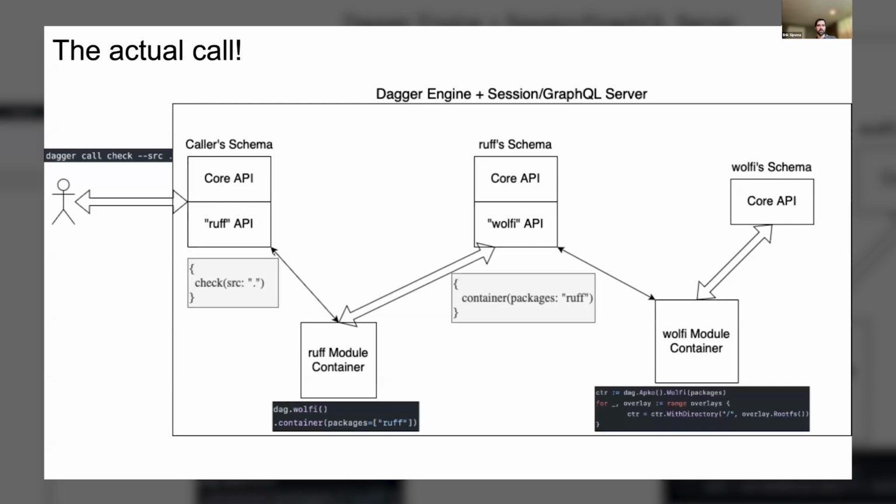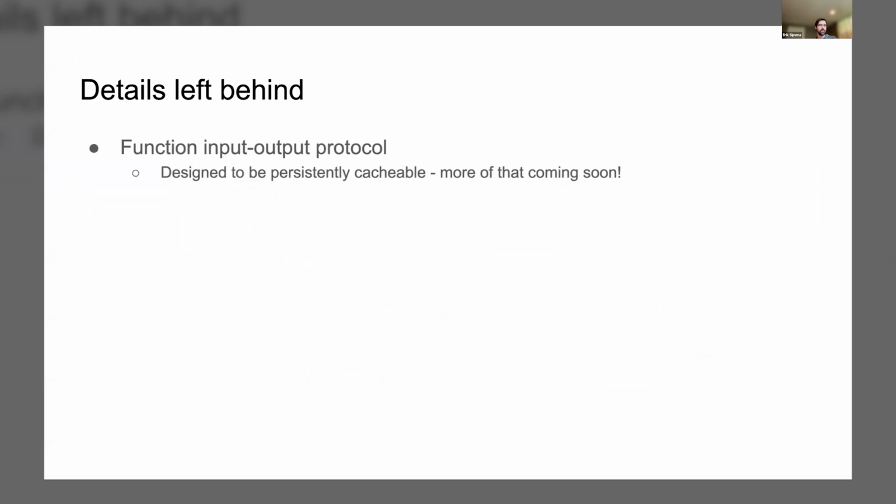There's quite a few more details that I could get into, and we probably should in more talks and probably blog posts and stuff like that. So there's a whole function input output protocol. I'm greatly simplifying what is actually happening when you want to go and invoke a container. It's designed to be persistently cacheable, and some of this is cached, but not as much of it as we would like.